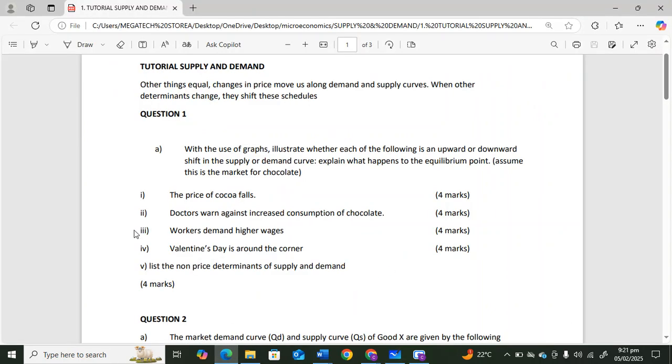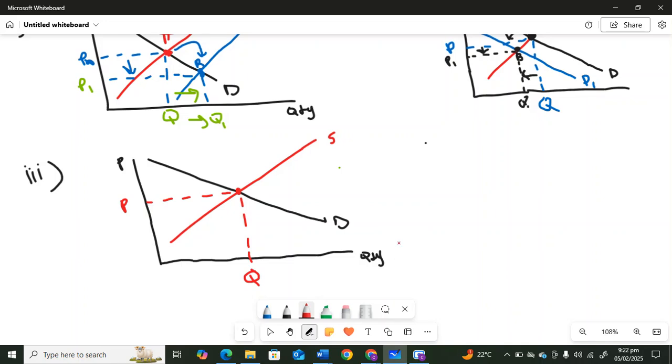Okay. Scenario 3. Workers demand higher wages. A chocolate factory. Workers demand higher wages and threaten a strike. What is going to happen, colleagues?